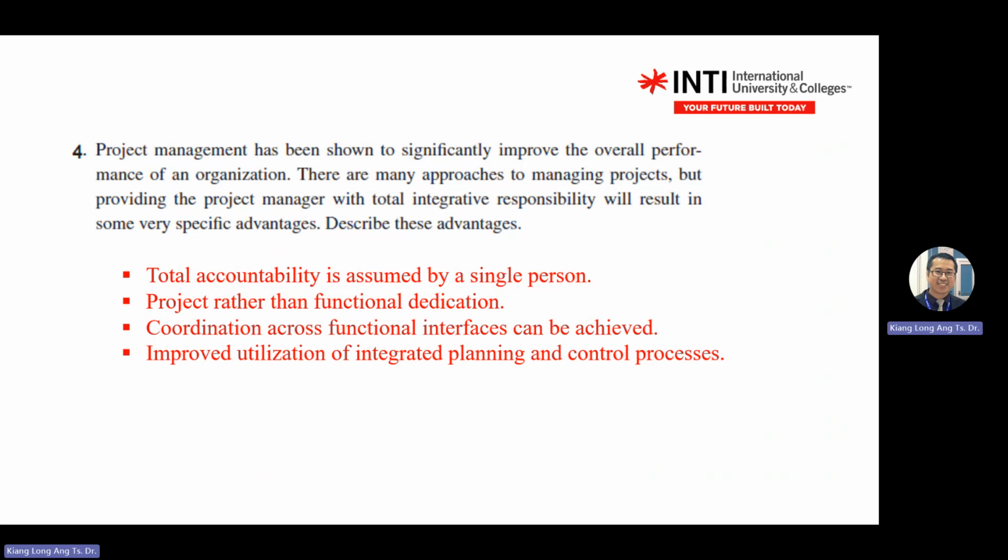If you mention something like this, it means it's a project-based organization. So when it is project-based, your project is more important than the functional units. Coordination across, you do interface or integration. Improve utilization using integration. You still elaborate on the word integration.